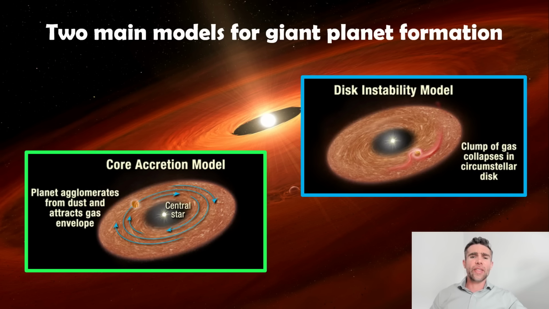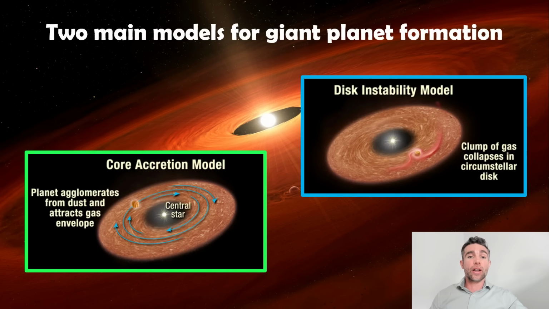That takes a considerable amount of time, and they need to be in a certain location in the disk. The disk instability model is more like how binary stars form. You get a sudden collapse of the disk from gravitational instability, and they can form quite quickly with that. We're not interested in that.